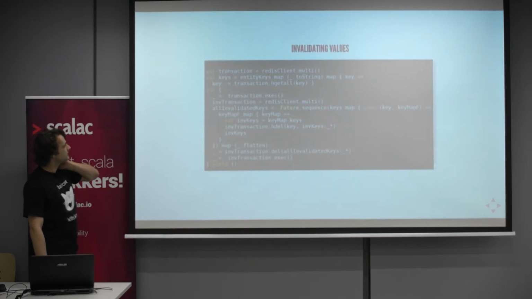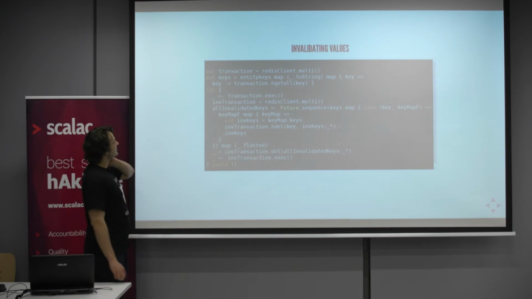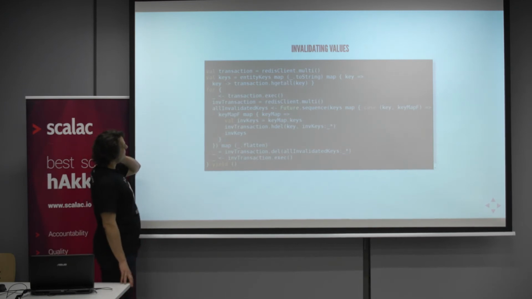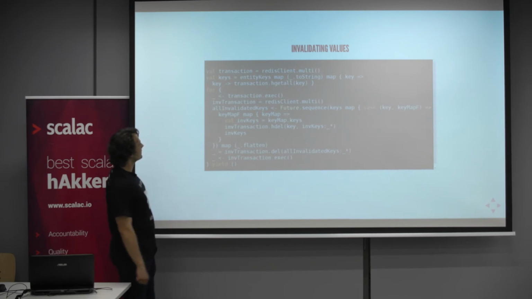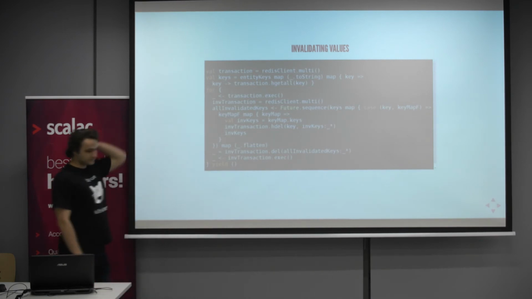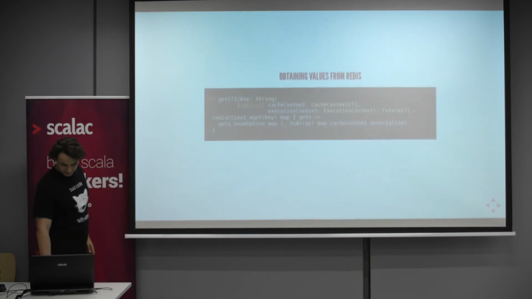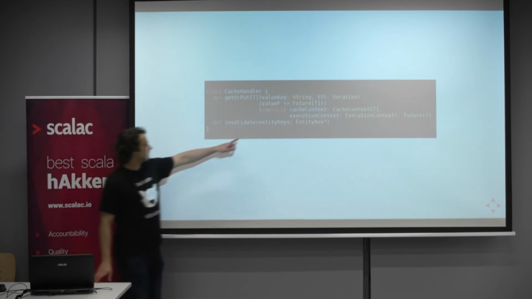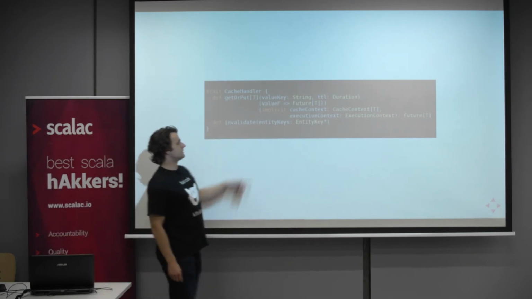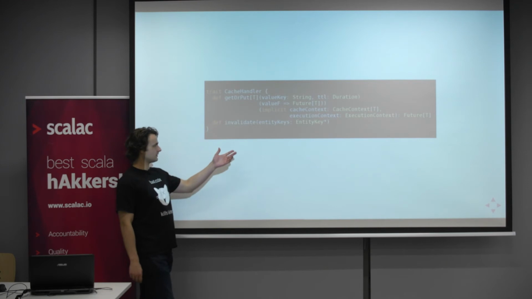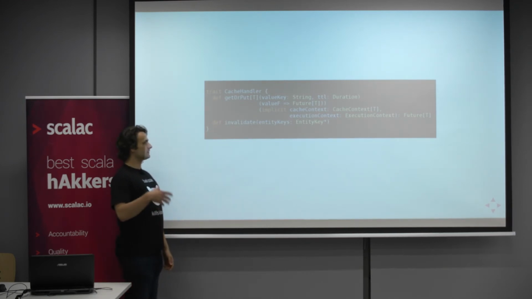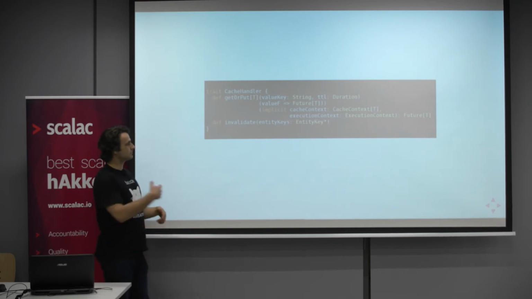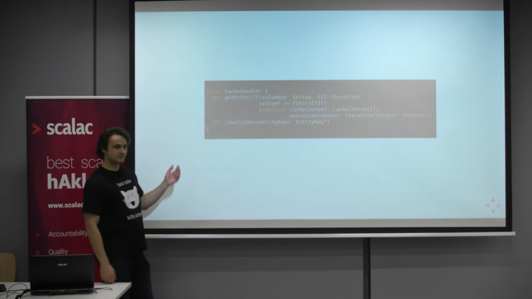How can we invalidate? It's a little bit tricky. First, we have to retrieve. We're using here the entity keys that we wanted to invalidate. So we invalidate all the entity keys hashes, as well as all the cached results that were related to them.